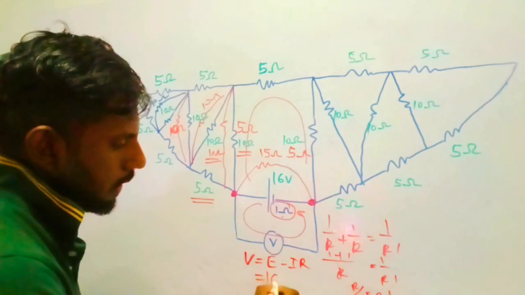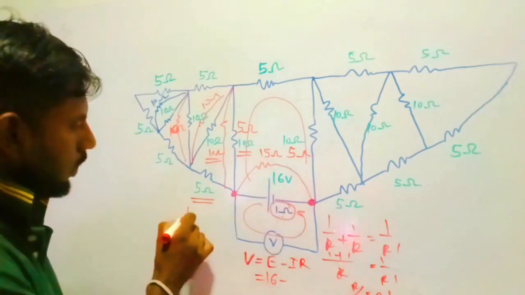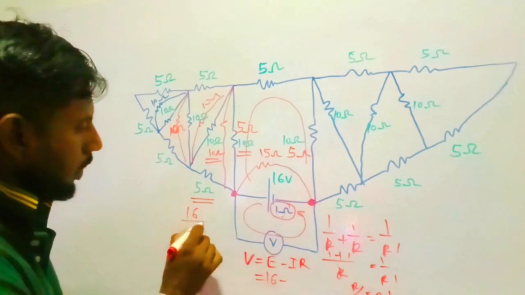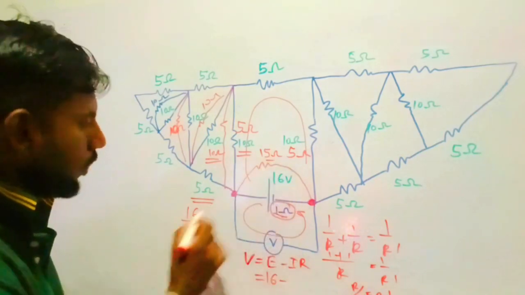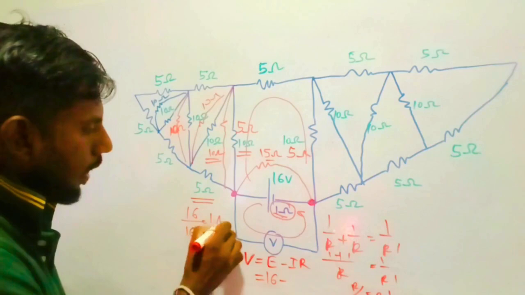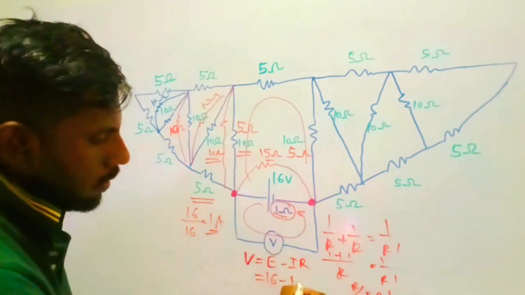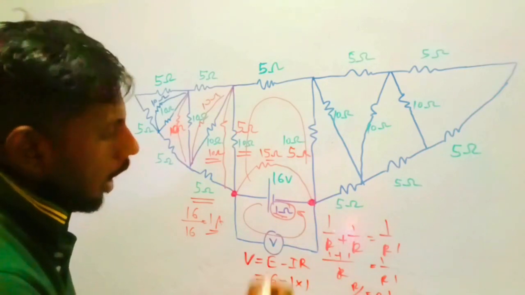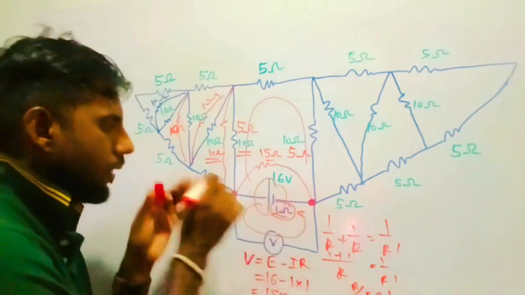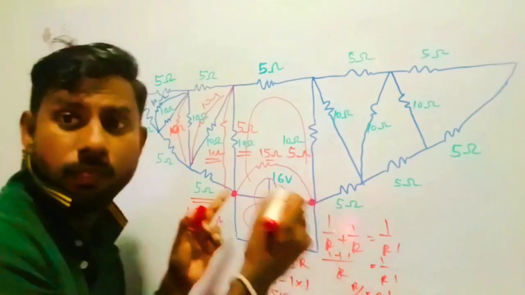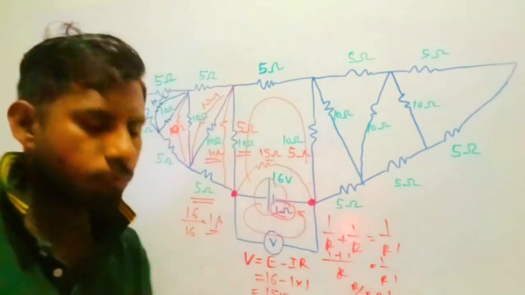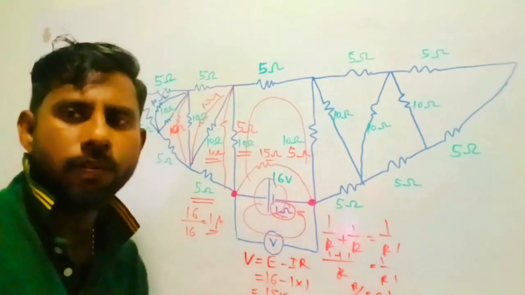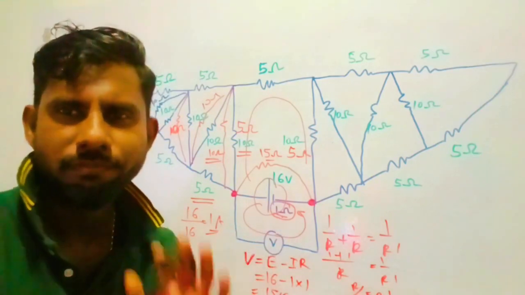E is 16, so the current I is 16 divided by 1 plus 15, that's 1 ampere. So 1 times internal resistance 1 is 1 volt, giving 15 volts. So the potential difference between the terminals of the cell will be 15 volts, and the voltmeter will read 15 volts. Easy answer.